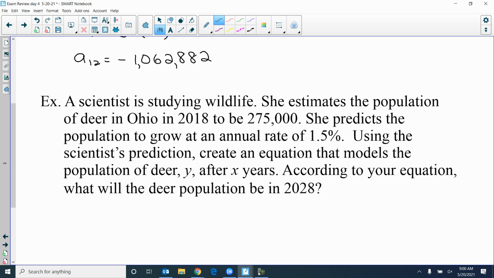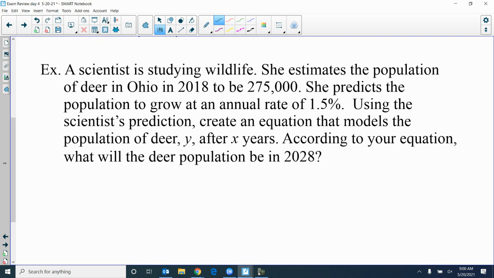All right, so this next one here estimates the population to be 275,000, and predicts the population to grow at an annual rate of 1.5%. Create an equation that models the population of deer after x years. This is going to be exponential growth. According to your equation, what will be the deer population in 2028, which is in 10 years?